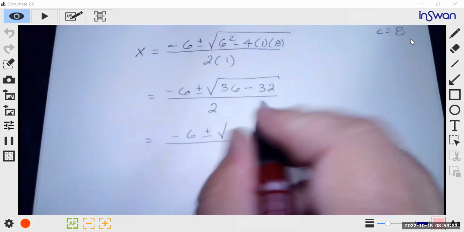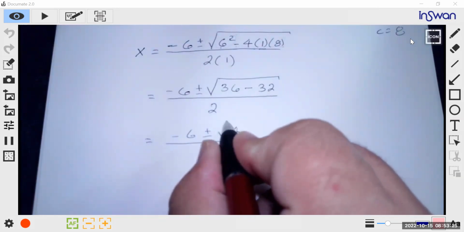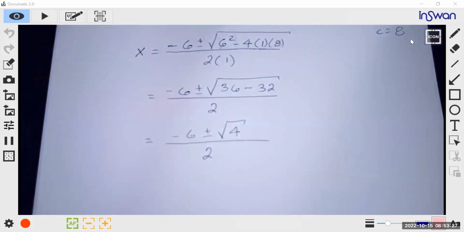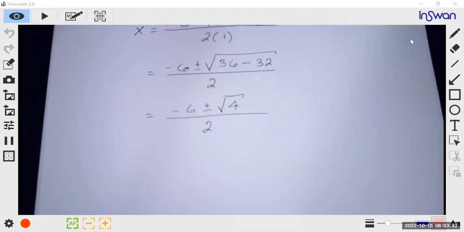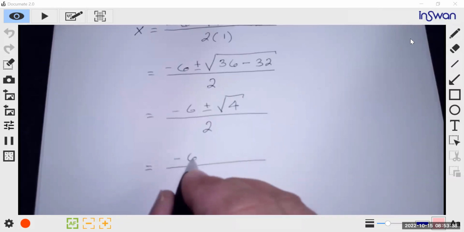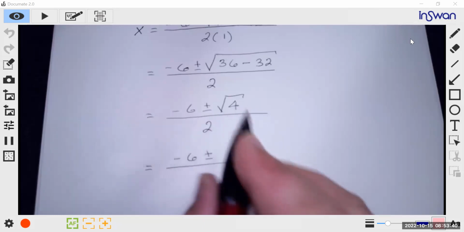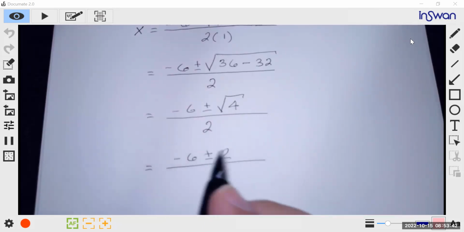36 minus 32 is 4. Negative 6 plus or minus the square root of 4, which is 2, over 2.